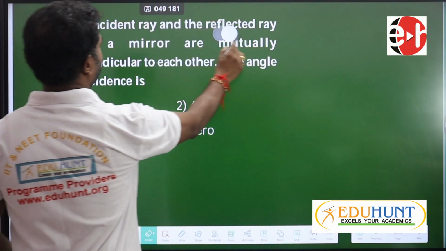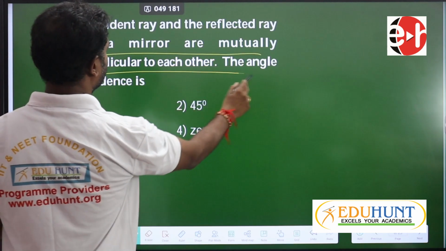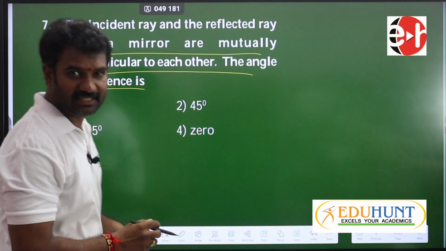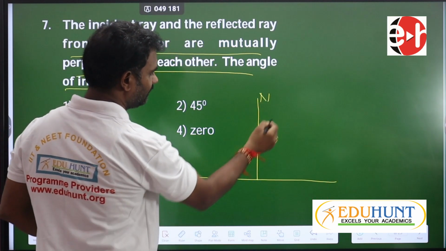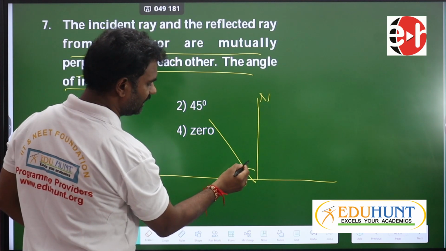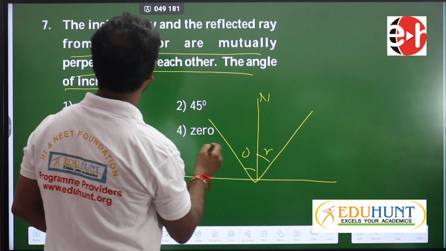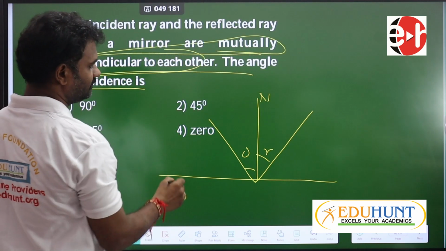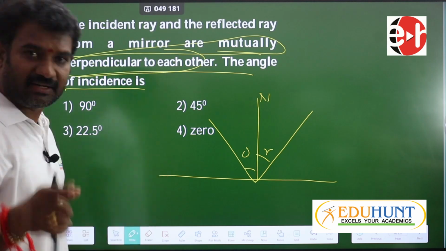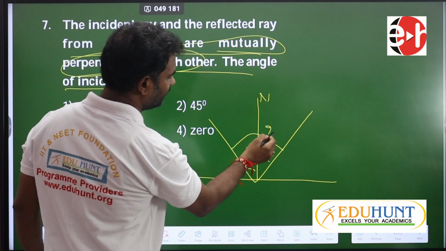The incident ray and the reflected ray from a plane mirror are mutually perpendicular to each other, then the angle of incidence is. So this is our mirror, this is our normal line, this is our incident ray and this is our reflected ray. This is I and this is R. He said that they are mutually perpendicular to each other, means here the angle is 90 degrees.